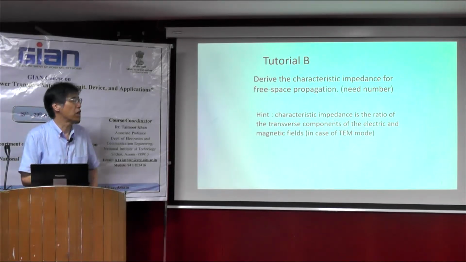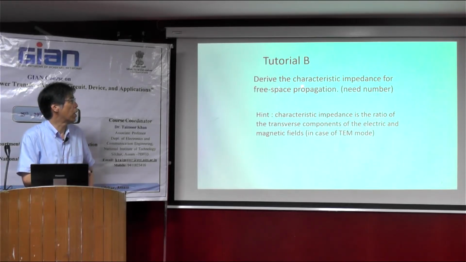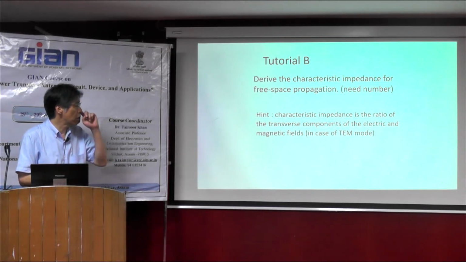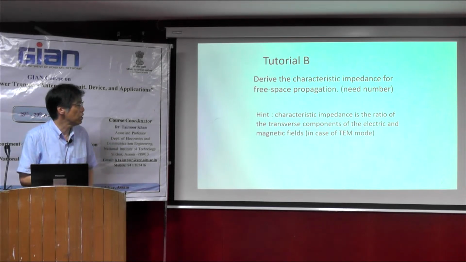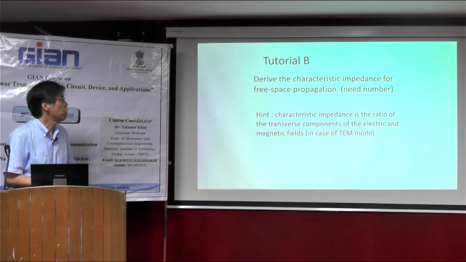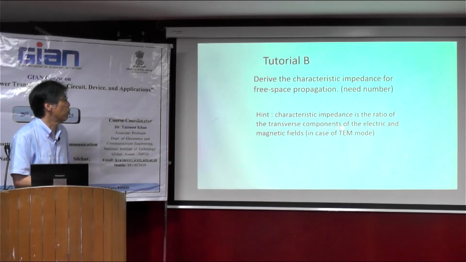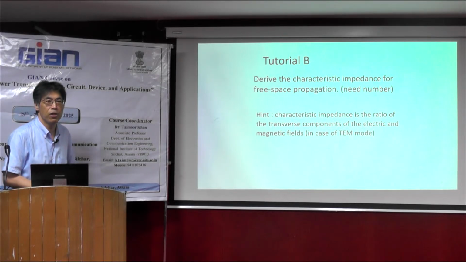It's easy to calculate the number itself for free space propagation. The hint is, I suppose in the first lecture I explained briefly, characteristic impedance is a ratio of the transverse components of the electric field and the magnetic field. It's additional information in case of a TM mode.